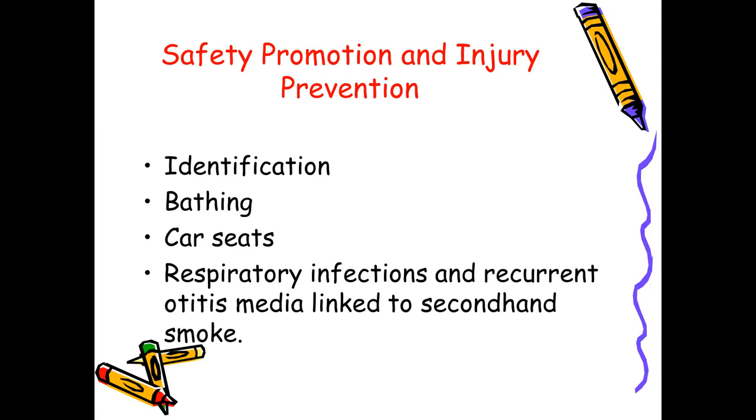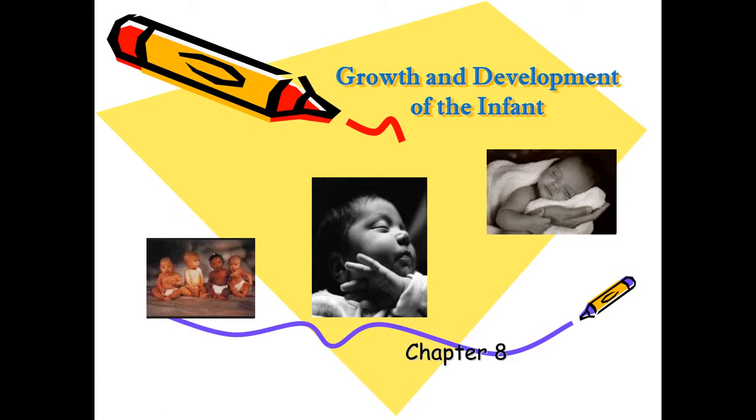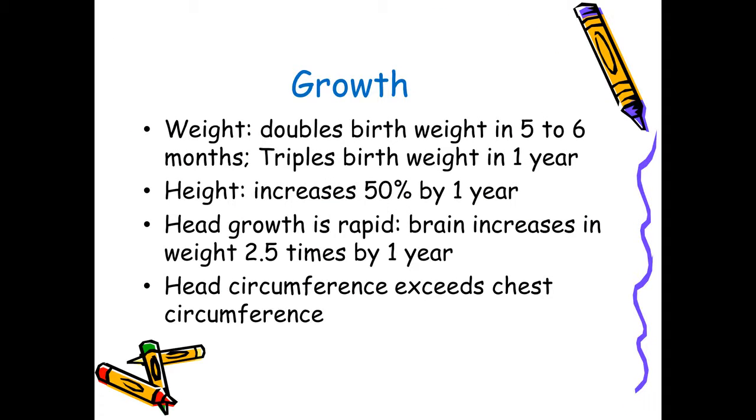All right, let's take a look at Chapter 8, the growth and development of an infant. This period of time is, once again, a rapid time for growth and change. The child develops attachments to the family or the caregiver, and trust develops during this period.